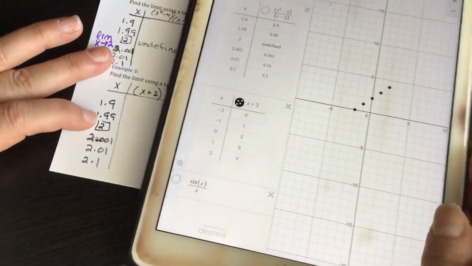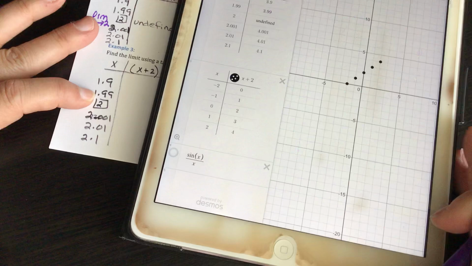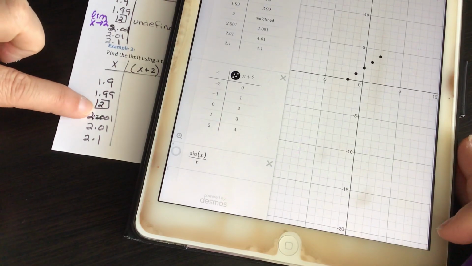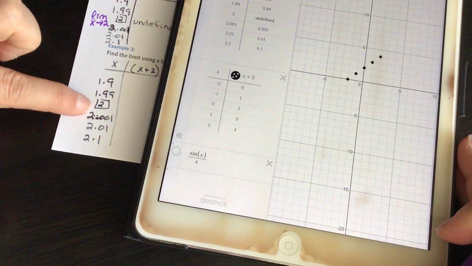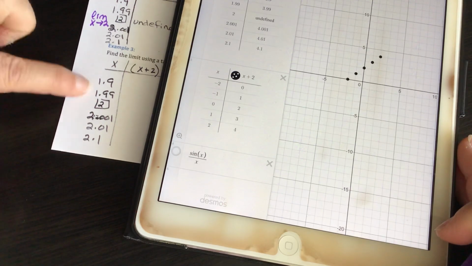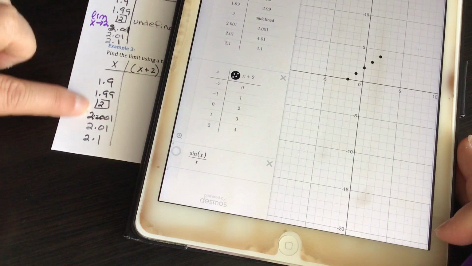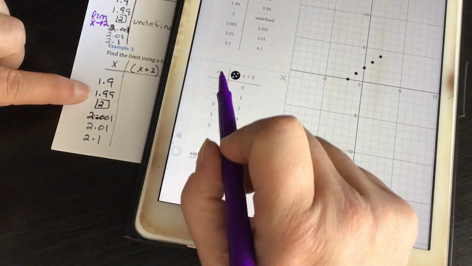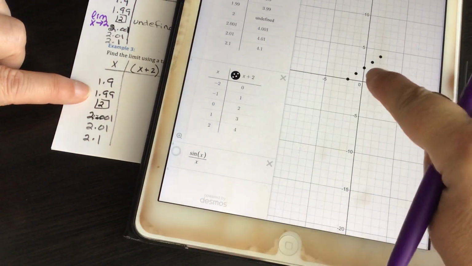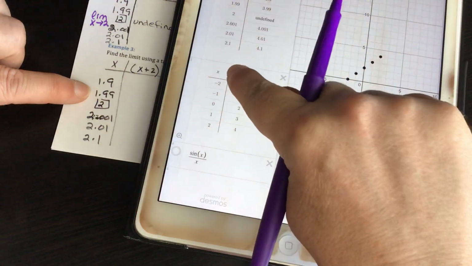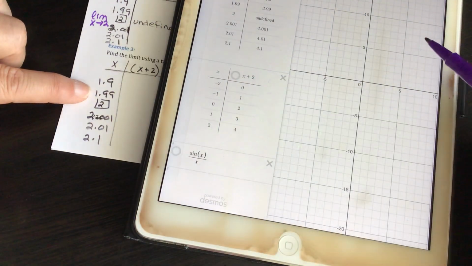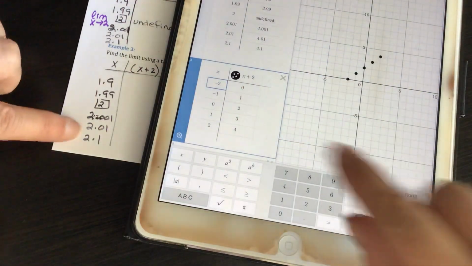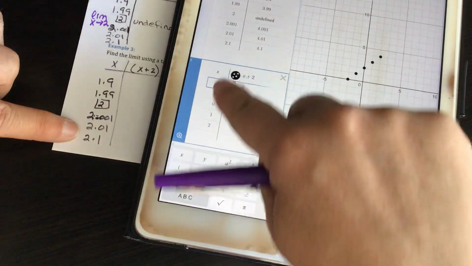All right, so as the limit of x approaches 2, I want those numbers that are really close to 2, like 1.9, 1.99. So these are the numbers that I have to change in here for x. And by the way, to get those dots to go away, I can just touch this and the graph goes away.